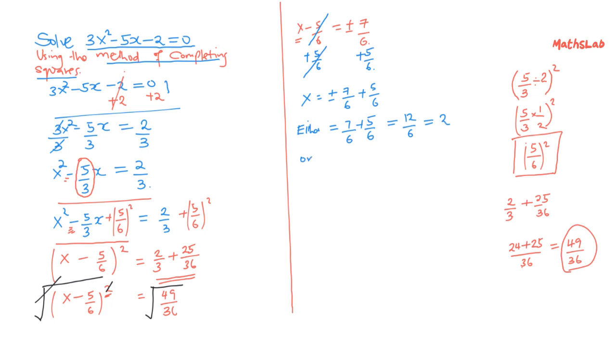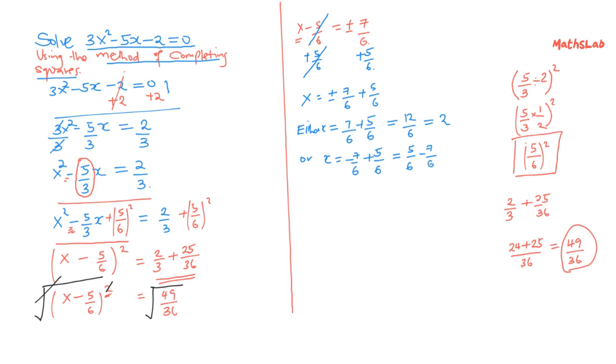And on the right-hand side of the equation, we'll have plus or minus 7 out of 6 plus 5 out of 6. So we're ending up with two values here because of the plus or minus sign on 7 out of 6. Our first value is going to be, we can pick the positive value of 7 out of 6 first. So we're going to have 7 out of 6 plus 5 out of 6. And that would be 12 out of 6, which simplifies to 2. Our second value of x, if we take the negative value of 7 out of 6, x is going to be equal to negative 7 out of 6 plus 5 out of 6. And that is the same as, we can flip that to have 5 out of 6 minus 7 out of 6.